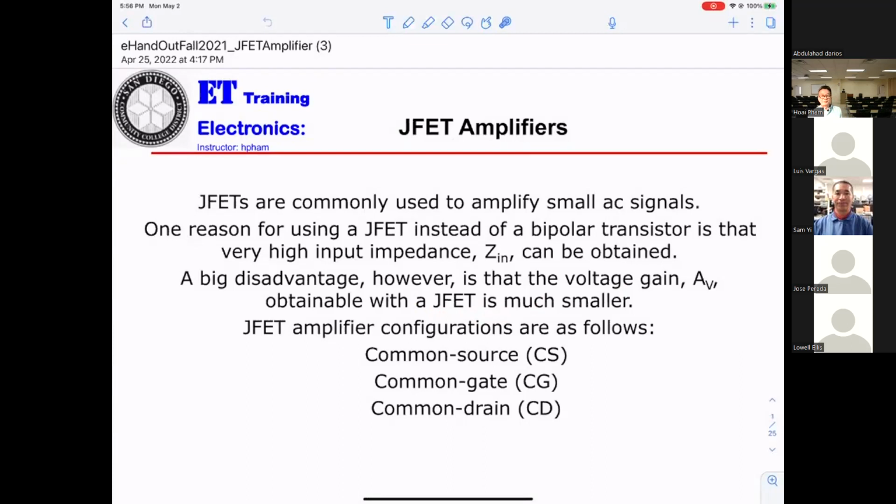If you want to amplify, then you are not using a JFET, because it doesn't have much voltage gain. You have to use the bipolar. And with the bipolar, you understand, you get a CE amplifier, CC, and CB. If you want more gain, you have to use the common emitter.